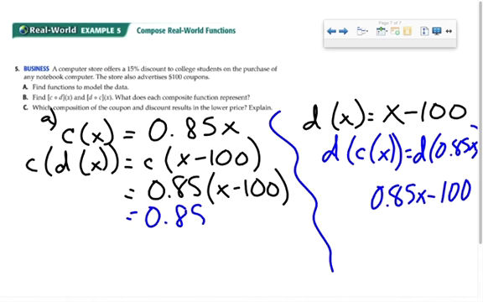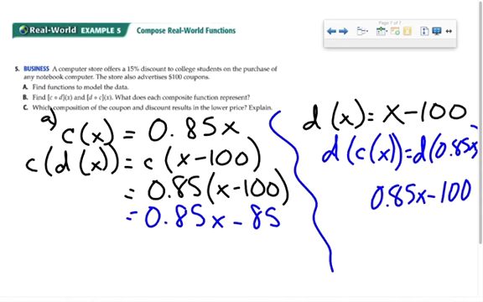This one becomes 0.85x minus 85. And so in the composite function on the left, I'm taking 85% of the price and subtracting $85 from it, compared to in the composite function on the right, where I'm taking 85% of the original price and subtracting $100 from it.